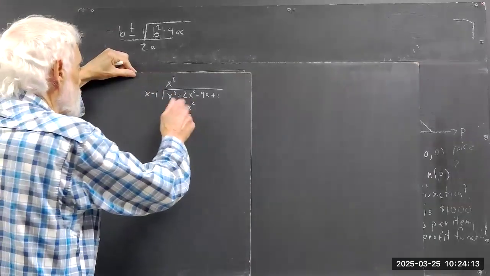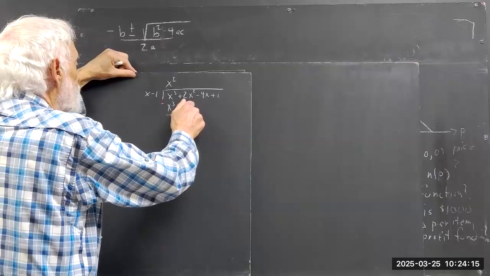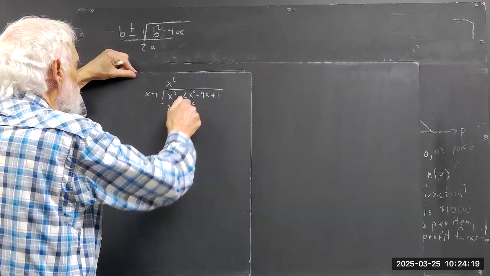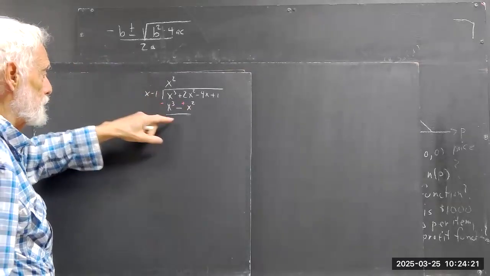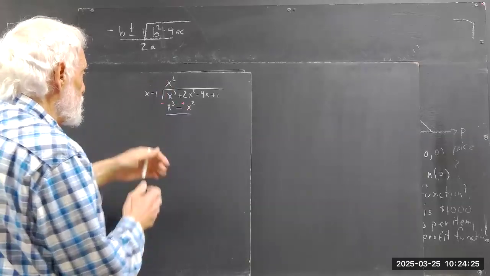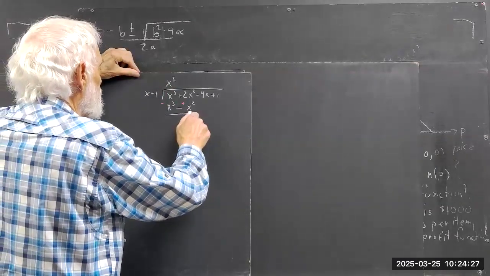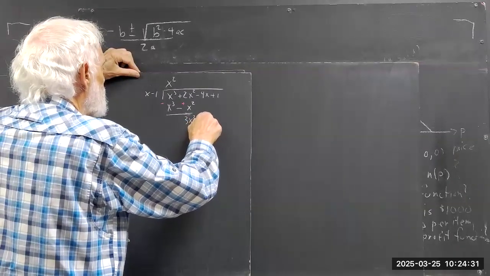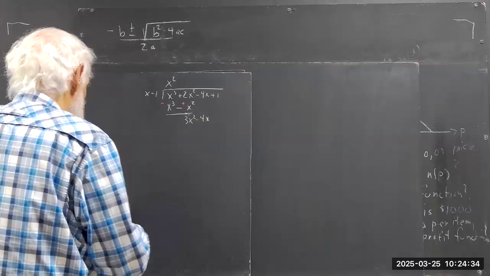So we're going to subtract this. Meaning we subtract the x cubed, and we add the x squared, because we subtract a negative x squared. Anyhow, that's the process. And now we get 3x squared minus 4x.